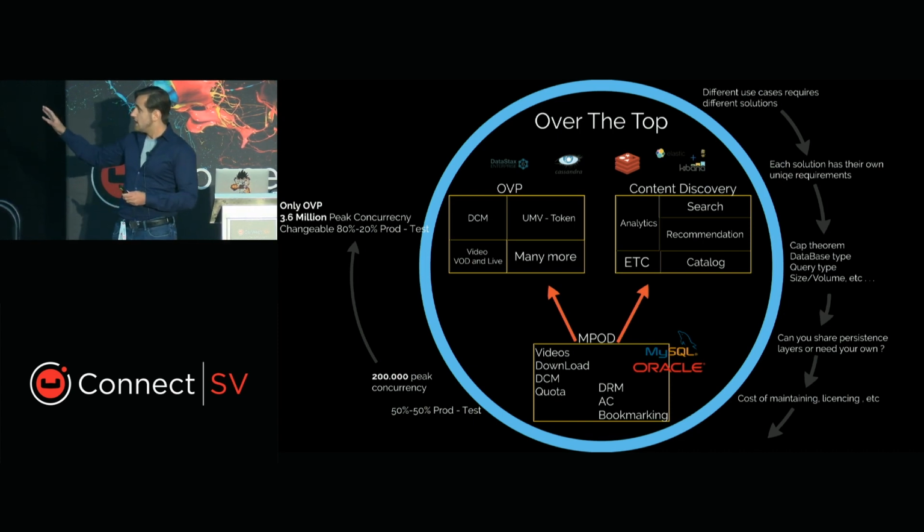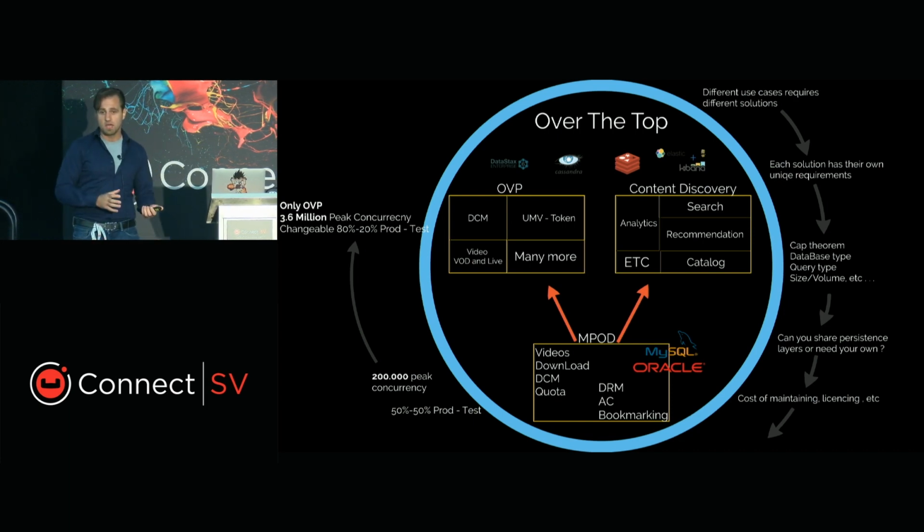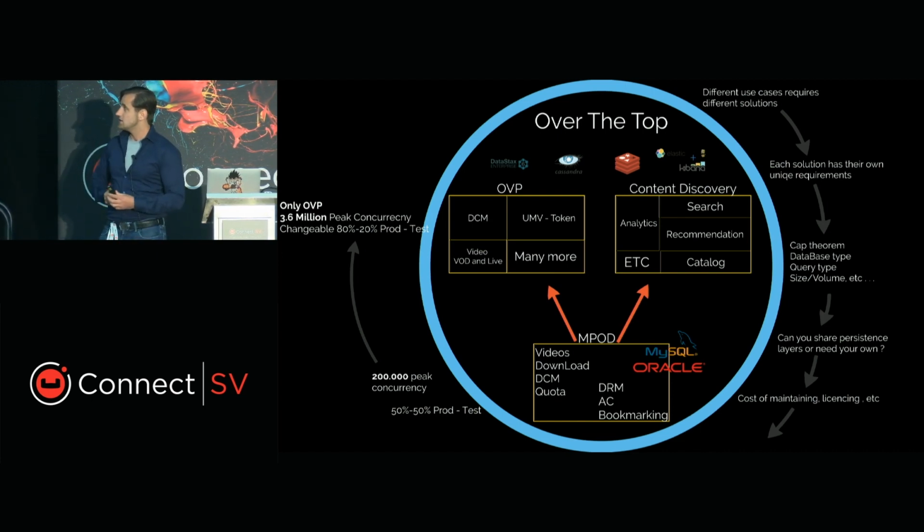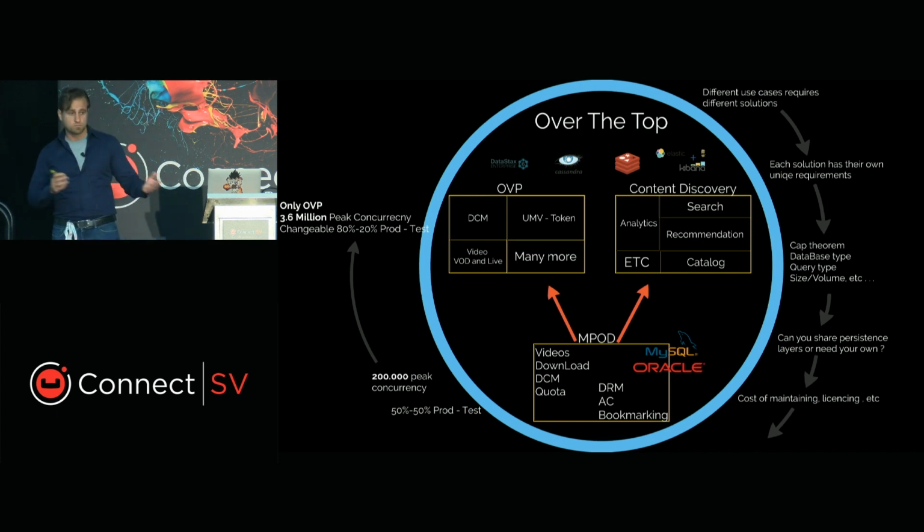So we broke it down, and by leaving Oracle behind and re-architecting the actual infrastructure behind it, at that time this OTT service wasn't used that much. So 200,000 peak concurrency was quite good. And we had a ratio of 50-50 production to test.